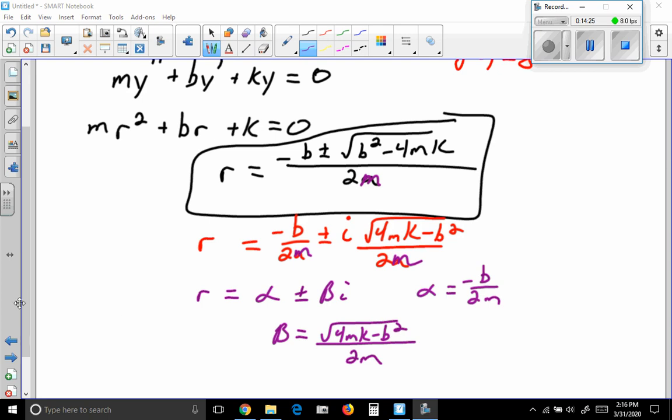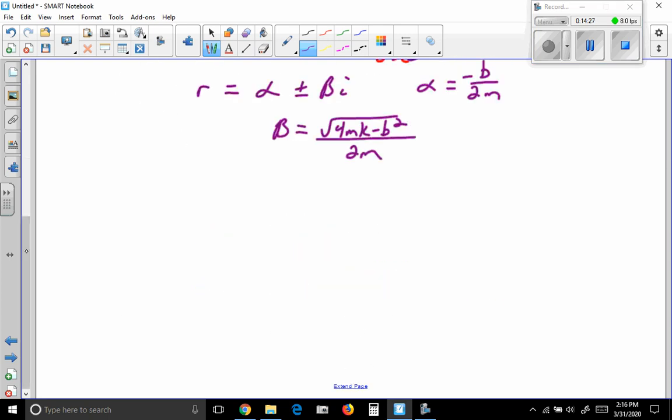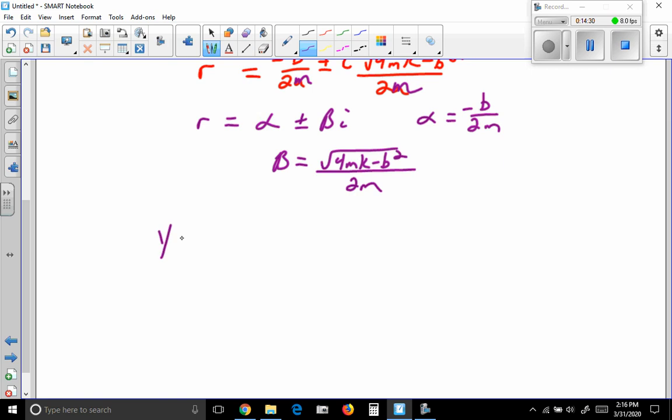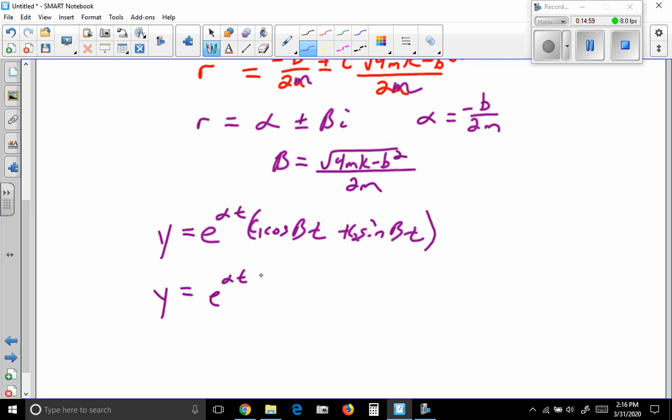Since we have an imaginary complex solution, our solutions are going to be e to the alpha t times cosine beta t plus sine beta t. As we did in the previous case, cosine is going to have a C1 with it, sine is going to have a C2 with it, so that inside part we could rewrite as A sine of omega t plus phi.